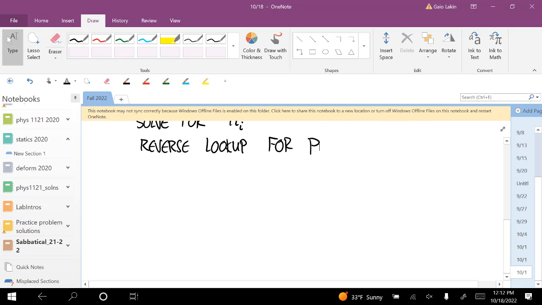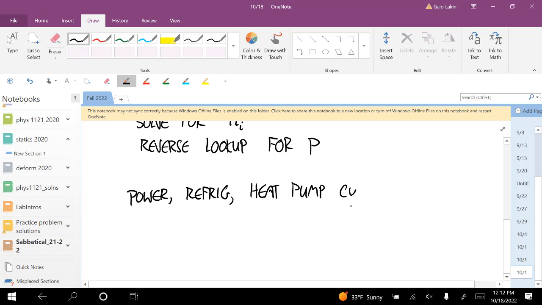Okay, so there are no solutions for these. So let's go through a few of these problems for power, refrigeration, and heat pump cycles. Number 1 sort of asks, is this thing possible?